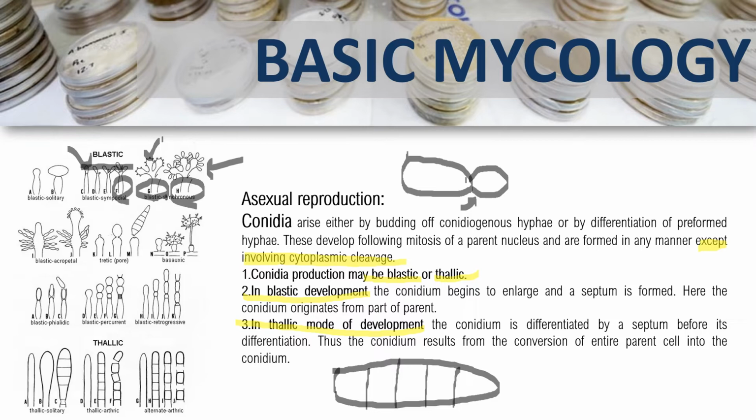Okay, so meron tayong tatlong classification class. Either it's solitary. So, ganito yung itsura niya class. And or arthric. Ganito yung itsura niya class. Mas thinner compared with your solitary. And then, alternate naman class because merong alternate ito.